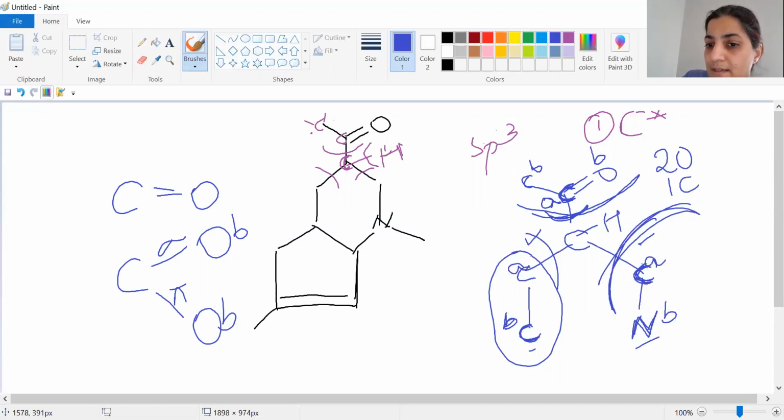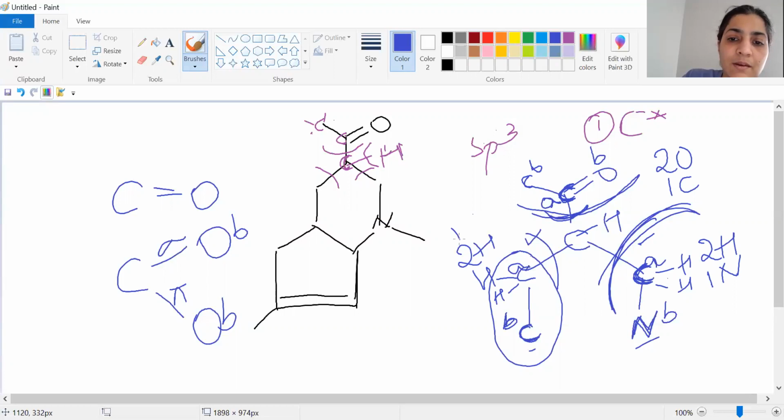On this atom A, I have 2 hydrogens and 1 nitrogen. On this atom A, I have 2 hydrogens and 1 carbon. So you can see who will have the most priority. This is going to be number 1, then number 2, number 3, and number 4.